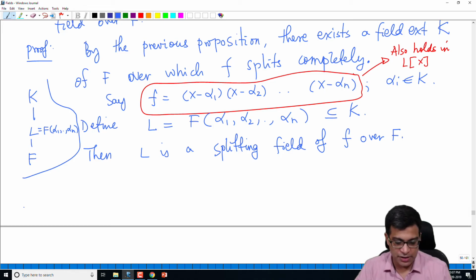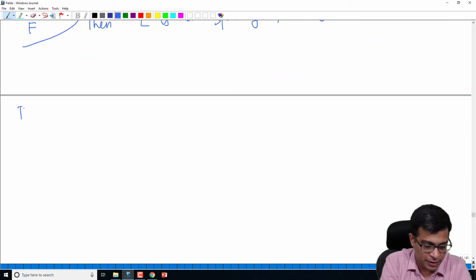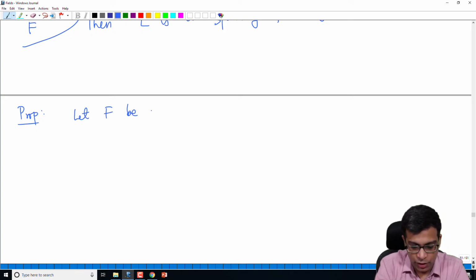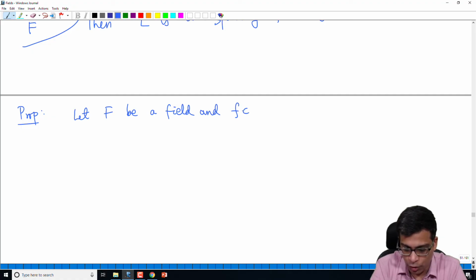Let me write another nice proposition before doing some examples. Let capital F be a field and let small f be a polynomial over that field.